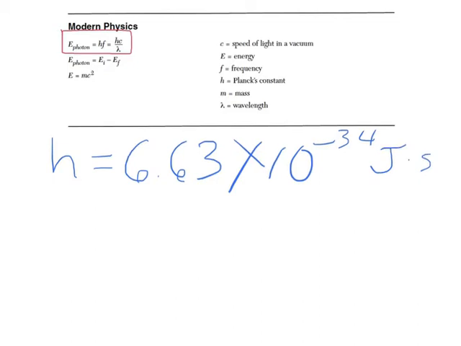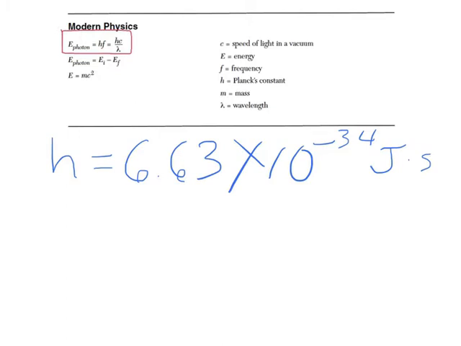So that means that with any frequency of light, because this number is so tiny, the energy of a photon is very, very small.